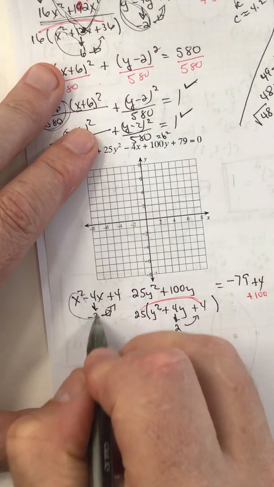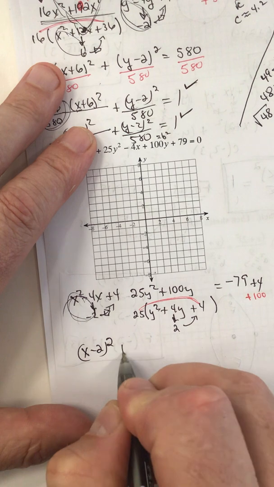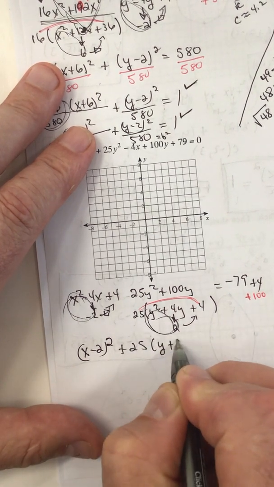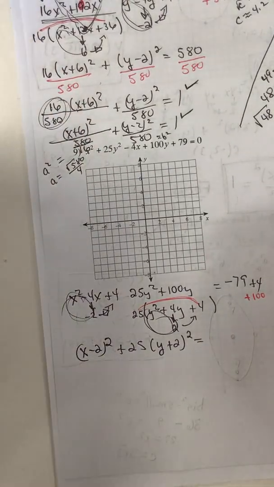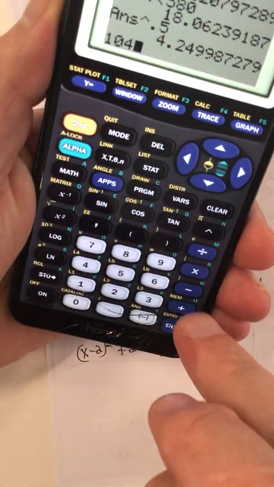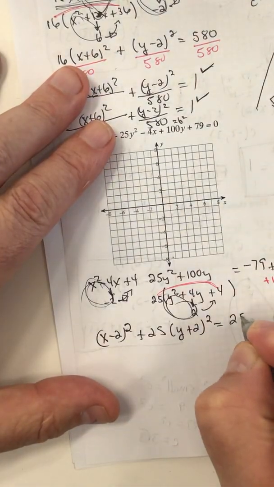Okay, now let's get it in the nice form. There's the perfect square, x minus 2 all squared. Plus 25, there's the perfect square, y plus 2 all squared. And over here, what's 104 minus 79? 25. Oh, how convenient.